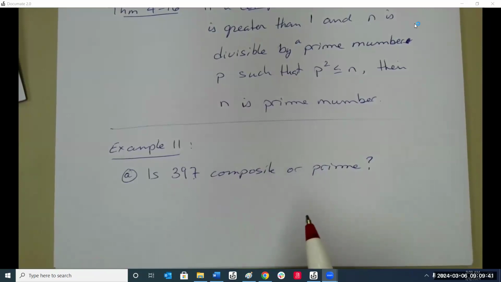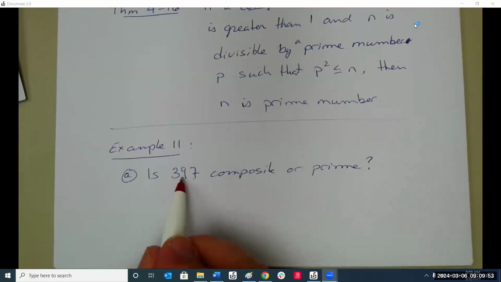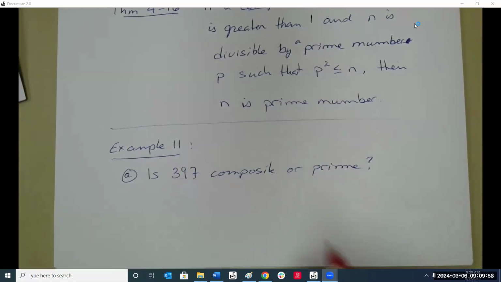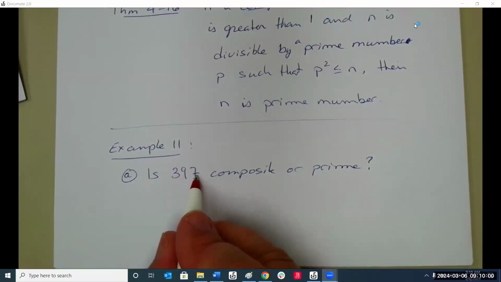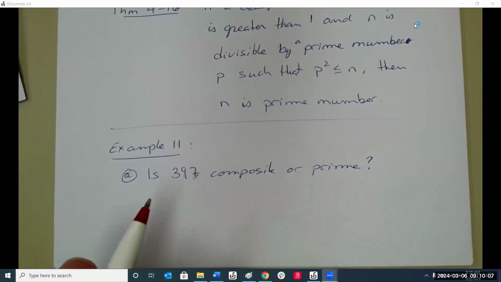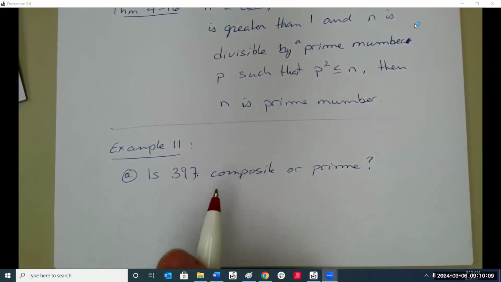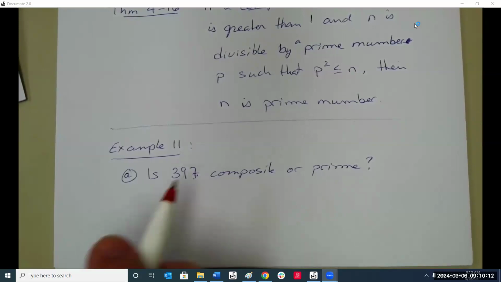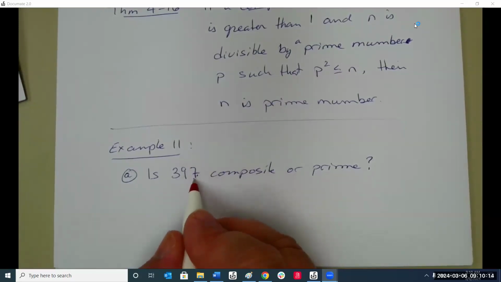Is it divisible by 3? If we add these numbers, 3 plus 9 is 12, plus 7 is 19. Is 19 divisible by 3? No. It's not divisible by 4, not divisible by 5, because it doesn't end in 0 or 5. Not divisible by 6, because it's not divisible by 2 and 3. 7 is a whole different rule, but it's not divisible by 7. Neither by 8 or 10.